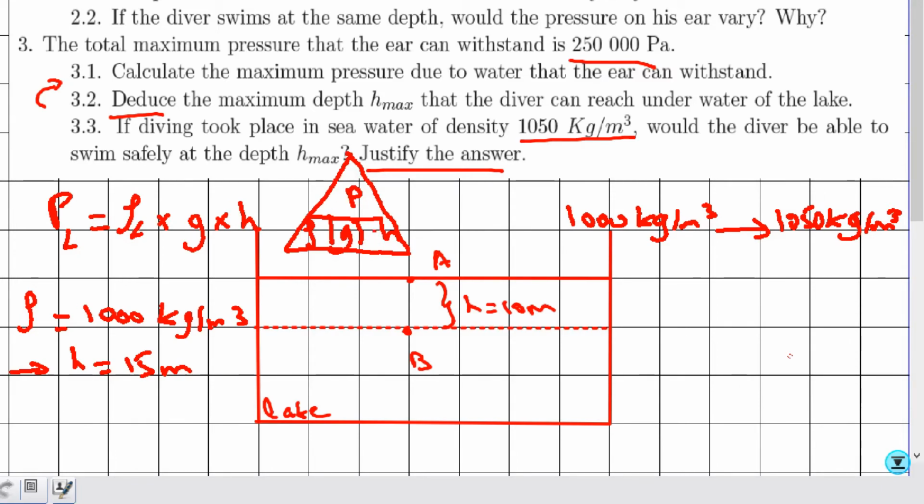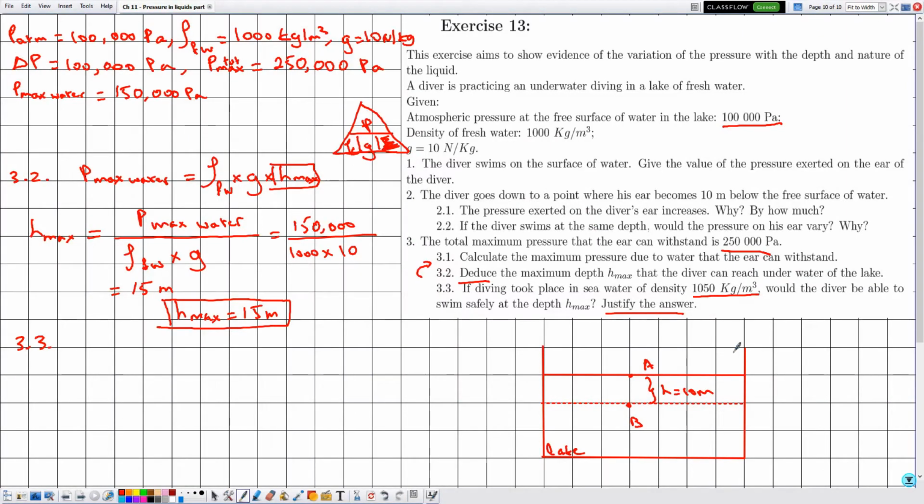Whenever rho increases, H will decrease. Because rho increased from 1000 to 1050, H will decrease. H previously was 15 meters, so expect that H will decrease from 15 to a smaller number. So let's calculate this number.